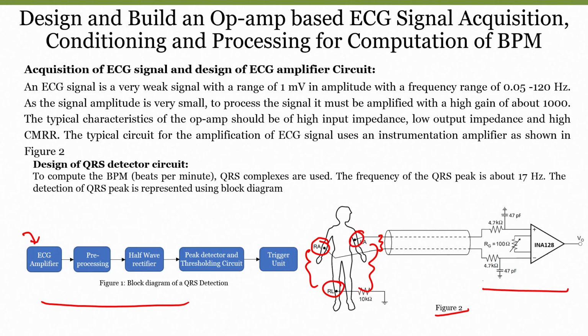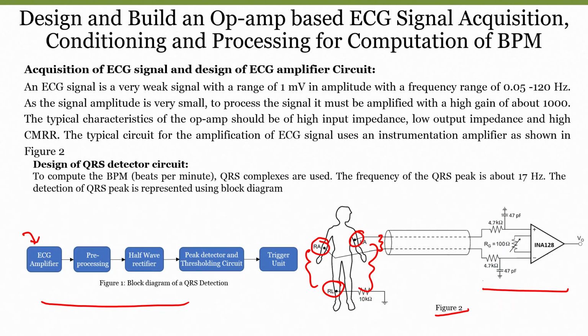The reason why we go with an instrumentational amplifier is that it has its own advantages like very high input impedance, very low output impedance, and you can also achieve a very high CMRR, which is nothing but common mode rejection ratio. Because of this very high common mode rejection ratio, even though the input signals are almost the same, it can easily differentiate between the input signals applied to the system, and we can observe an output.